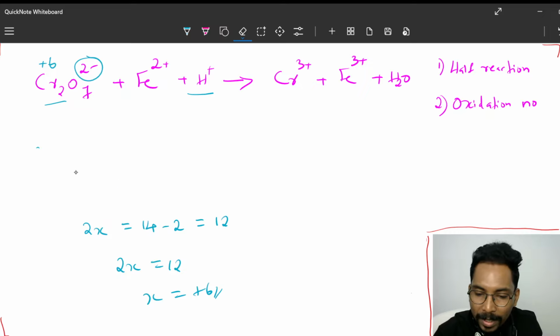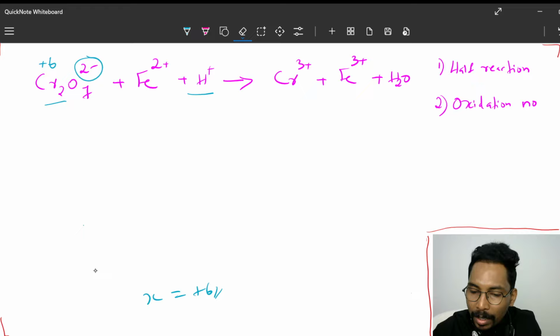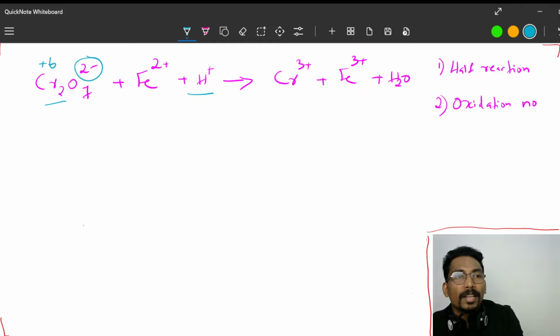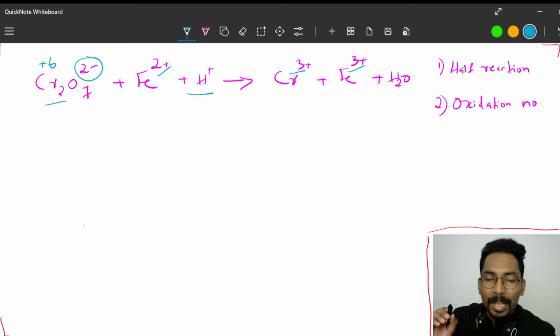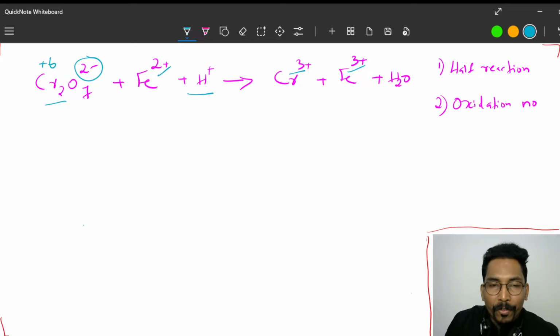Oxidation number of chromium is plus 6, and the oxidation number of iron is Fe2 plus on the left side, which is already given. On the right side, chromium is Cr3 plus and iron is Fe3 plus. Now what is the very first step?